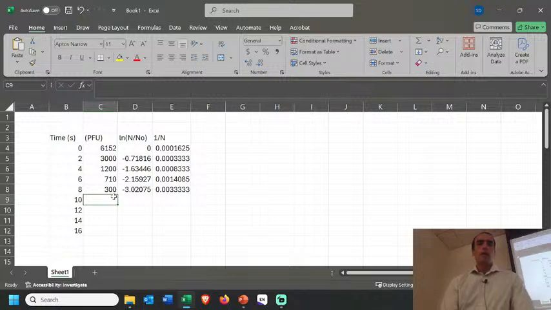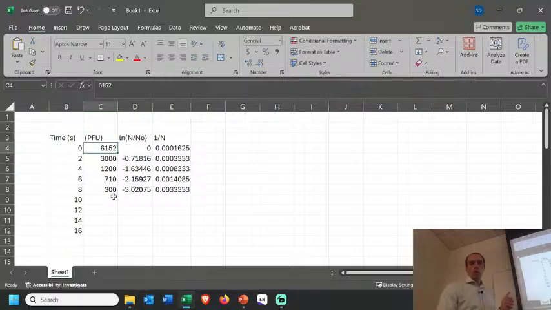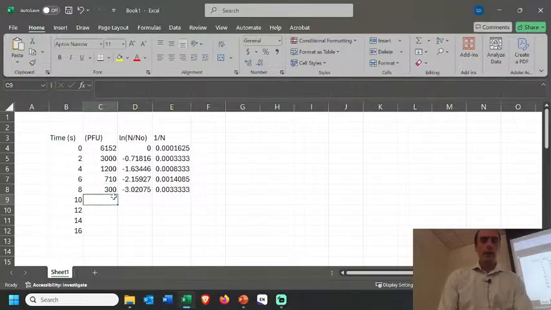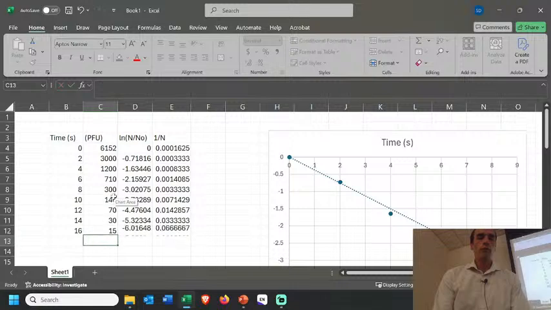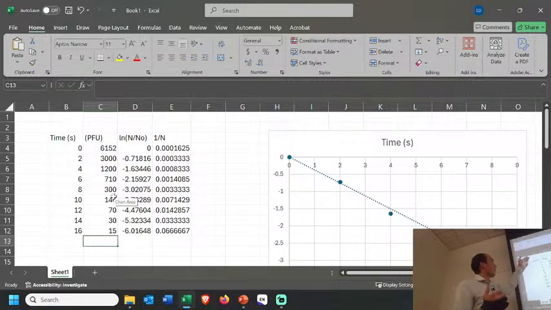So if I continue that data down, if you look at how long it takes for this to go into half, from 0 to 2 seconds, we already halved it. Now, this happens to be first order, so I know it's going to be about the same half-life every time. So every time we step down, it's approximately half. So even from this data, we could guess this might be something like 140, and then 70, and then 30, maybe. I'm doing not quite half, but somewhere close to half, 15, and so on. And so we now have 8 points where we calculated a half-life.